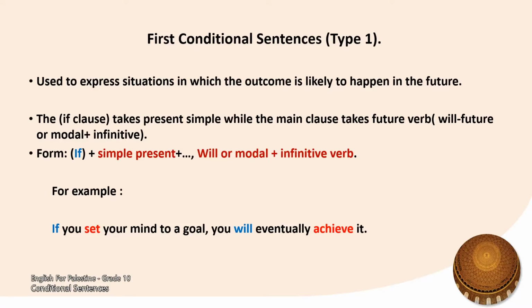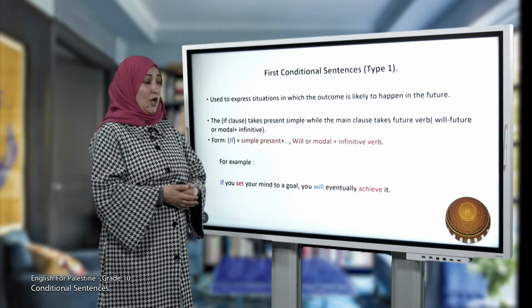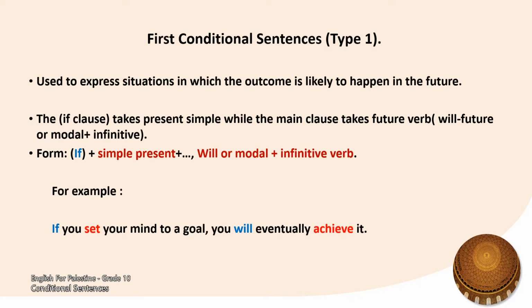First conditional sentences or type 1, used to express situation in which the outcome is likely to happen in the future. The if clause takes present simple, while the main clause takes future verb, which is modal, plus verb infinitive, such as will. The form is if plus present simple verb with if clause.